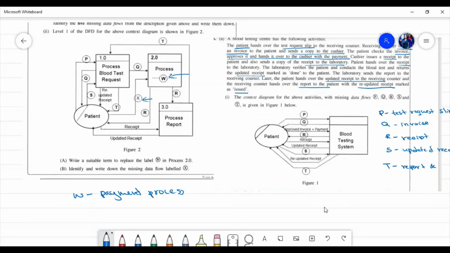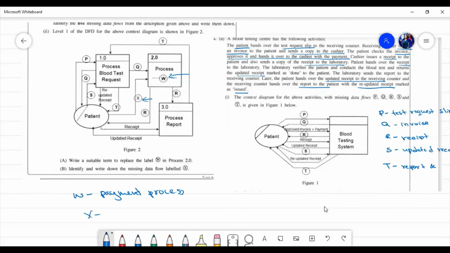Here it says to send it to the T report, and send it to the cashier back. And R is the receipt, the receipt given after the payment, right? So before that, what should the patient give?